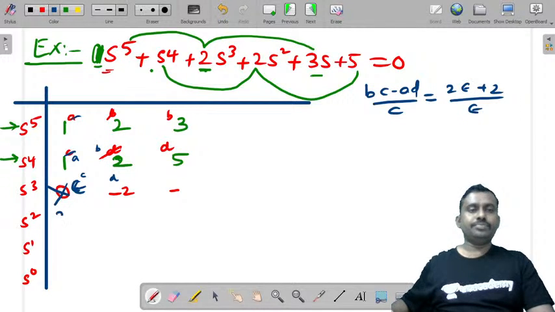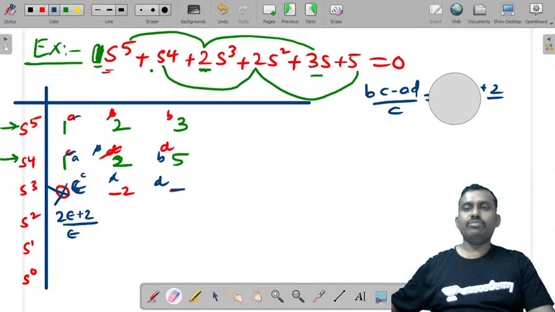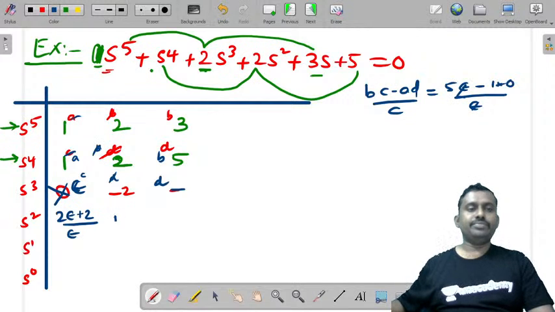So this is 2 epsilon plus 2 by epsilon. Now because you don't have any term here, this will be B and D will be shifted here. Again writing the same formula: B is 5, C is epsilon, minus A is 1 and D is 0, by epsilon. So this will give me 5.